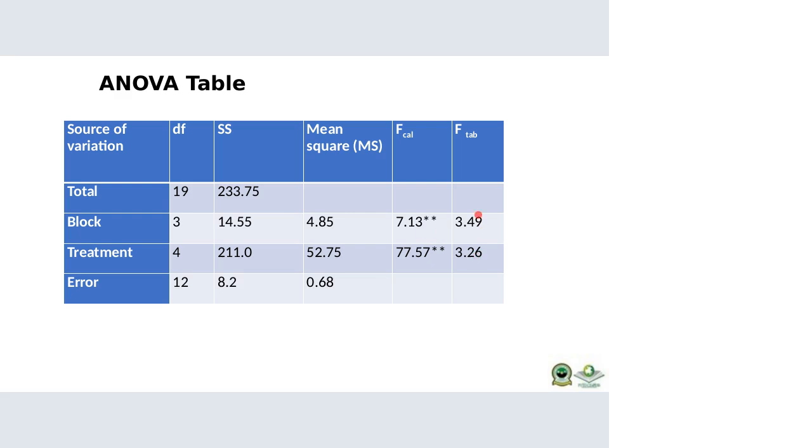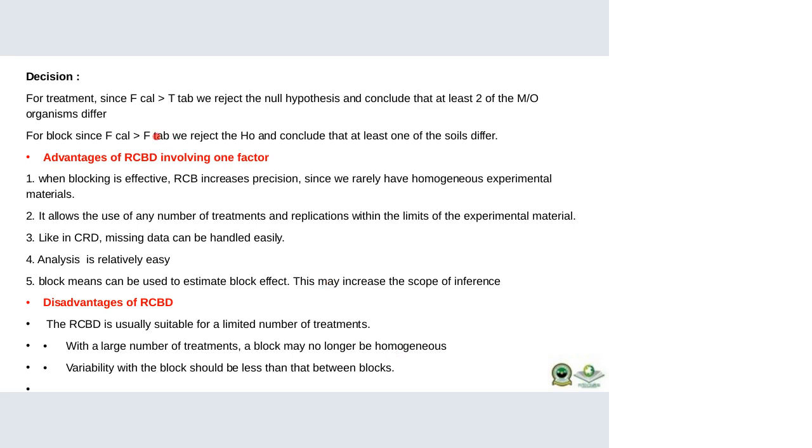If you compare all these values, you find out that they are all greater than the F tabulated, which means that blocking has an effect. The treatment also has an effect in this matter.